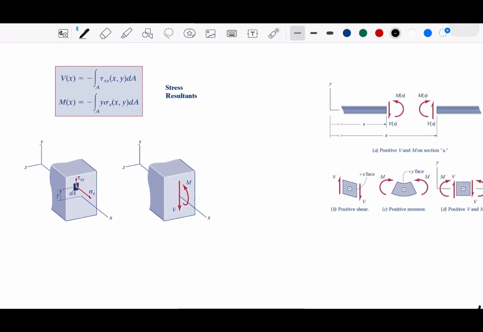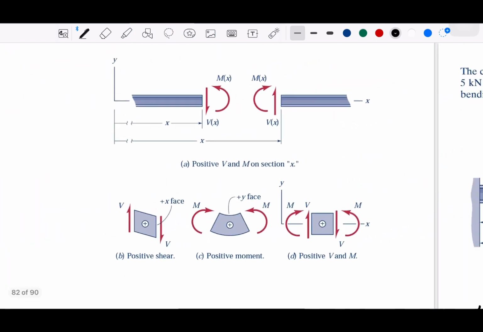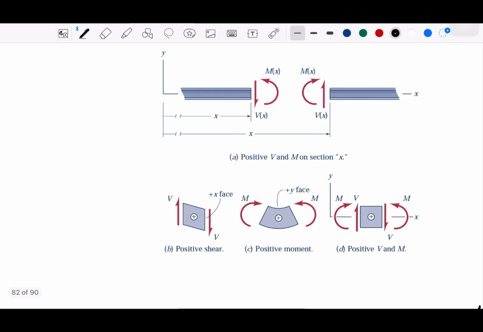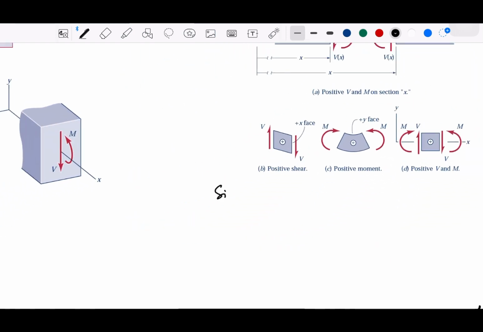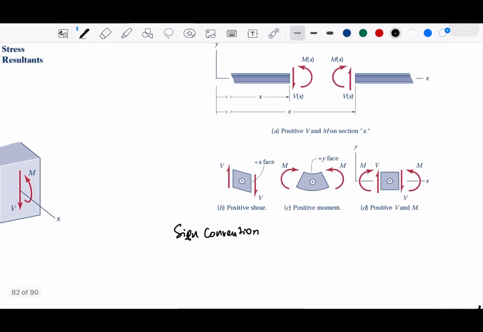And the practical way to see this is we need to make sure that we can apply the sign conventions. So this will be for the sign conventions, to help you to observe.